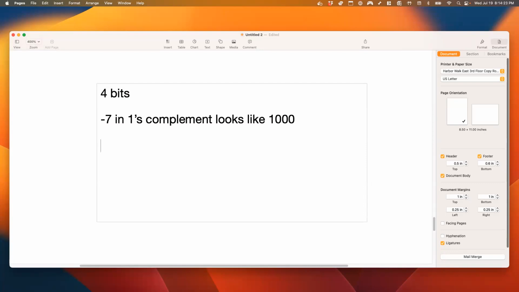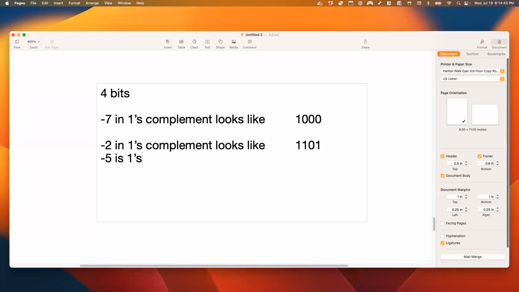Now, how does -2 look? Again, we're going to start with 2 and then we're going to swap. Are we happy with this? Let me do -5 and then I'll pause and see if you have any questions.